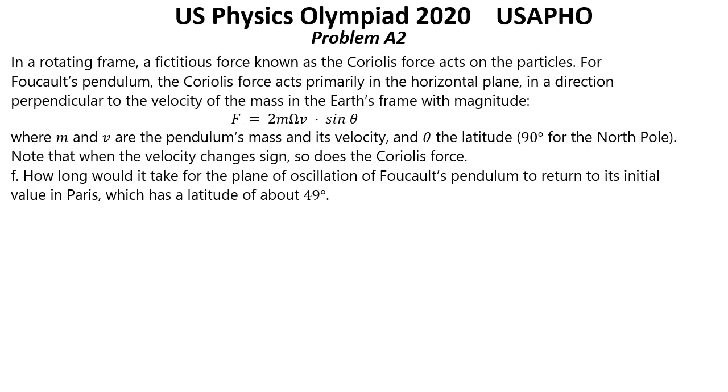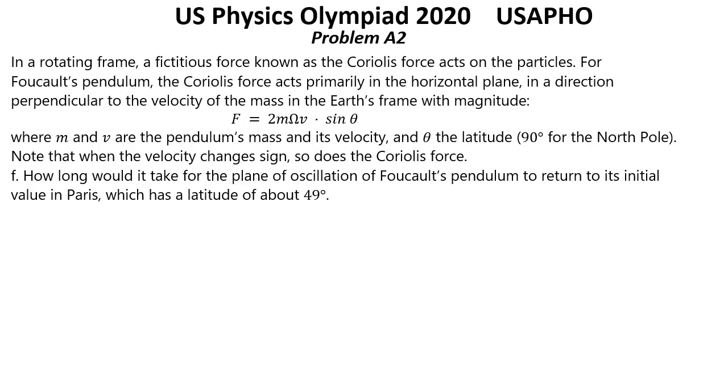For Foucault's pendulum, the Coriolis force acts primarily in the horizontal plane, in a direction perpendicular to the velocity of the mass in the Earth's frame, with the magnitude F equals 2m big omega v multiplied by sine theta, where m and v are the pendulum's mass and its velocity, and theta is the latitude, 90 degrees for the North Pole. Note that when the velocity changes sign, so does the Coriolis force.